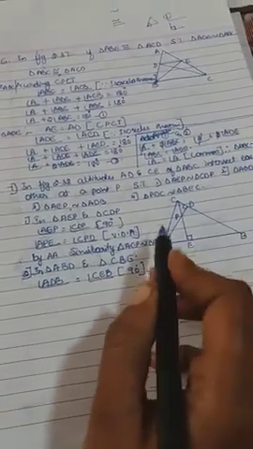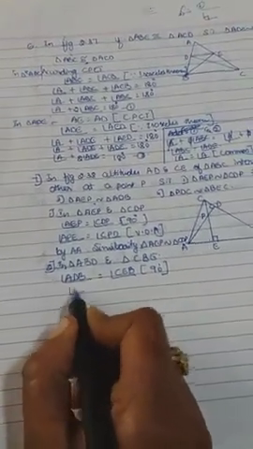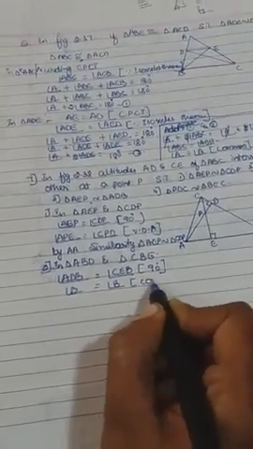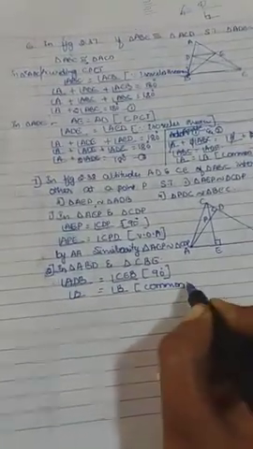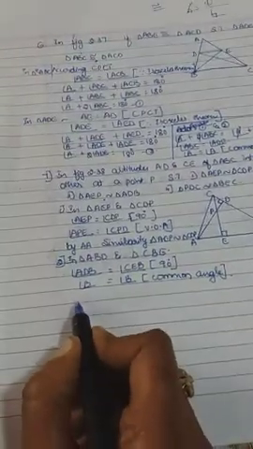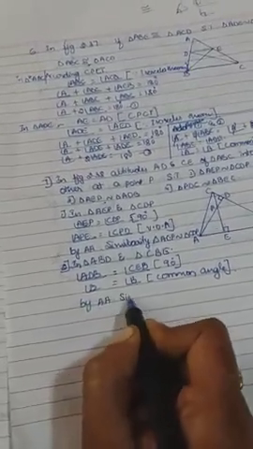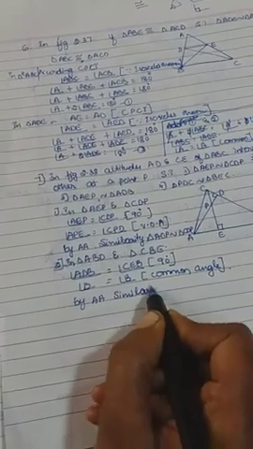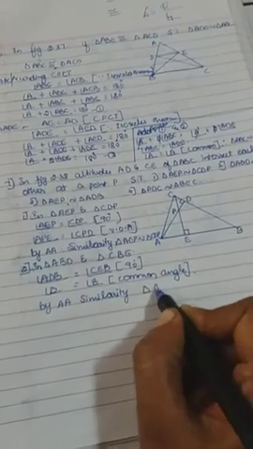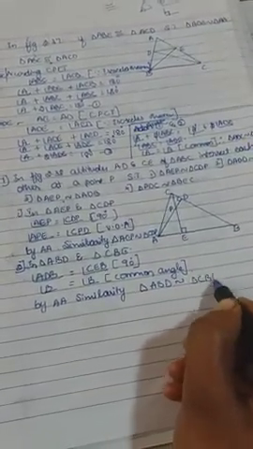Here, for both triangles, angle B is common. So angle B equals angle B, because it is the common angle for both triangles. So again, by AA similarity criteria, triangle ABD is similar to triangle CBE.